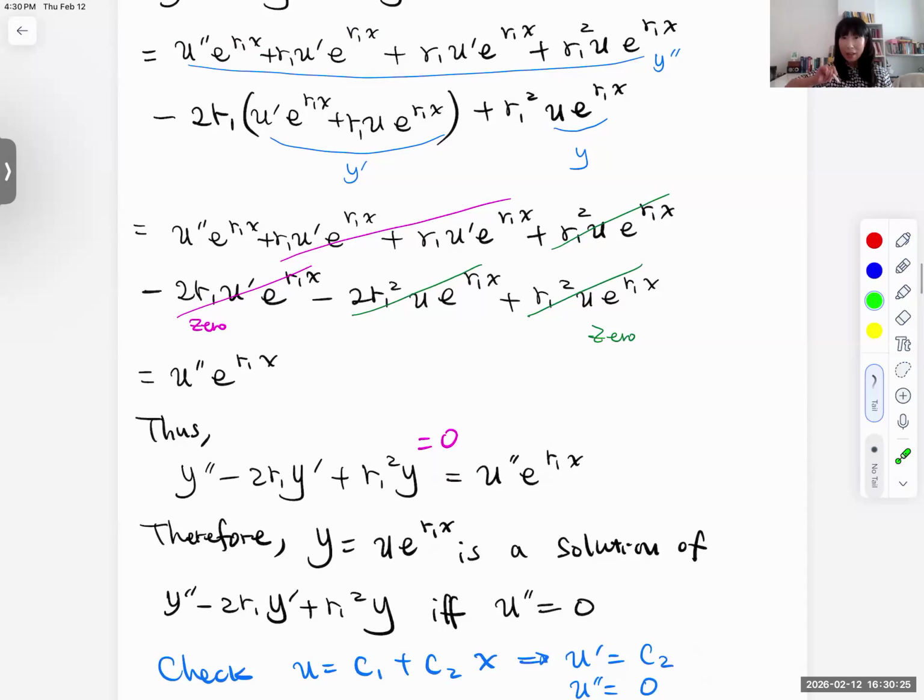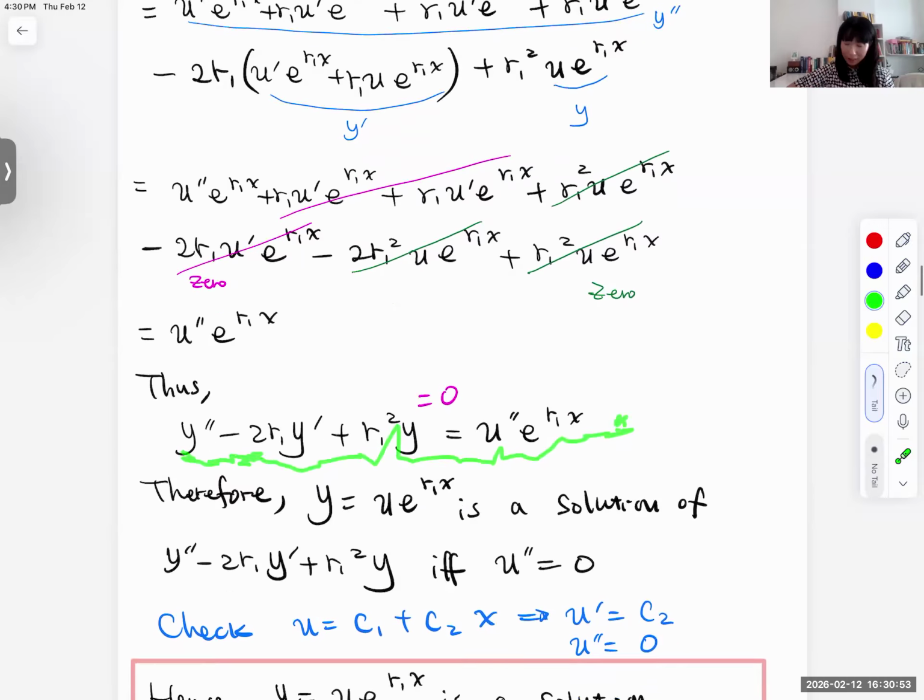So we have y second prime minus 2 r sub 1 y prime plus r sub 1 squared y equal to u second prime e to the r sub 1 x, yeah?